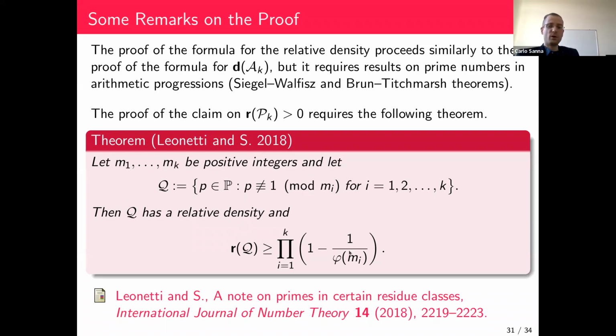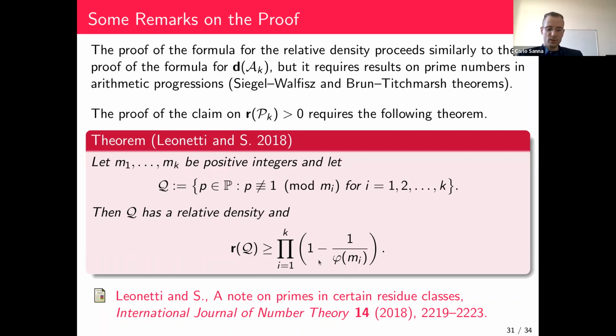And we have this lower bound for the relative density. And this lower bound says that the relative density is positive, I would say, except when one of these integers, m sub i, is equal to 1 or 2. So the trivial cases.